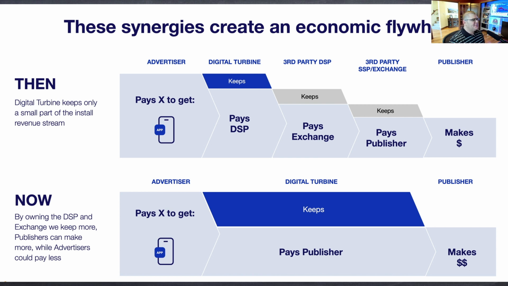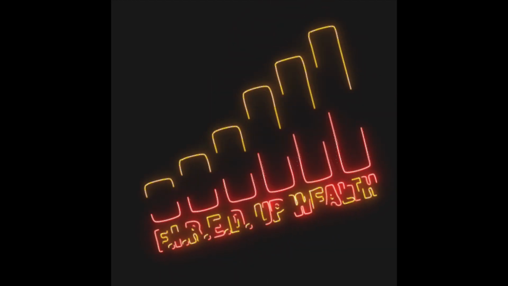Digital Turbine pays the third-party DSP, you can see the flow. Now look at the bottom. By owning the DSP and the exchange, we keep more. So they can make more money. Publishers can also make more, while advertisers could actually pay less. So now you've got Digital Turbine keeping all of that in the middle. And so they've created an entire ecosystem. They've really built out the business.